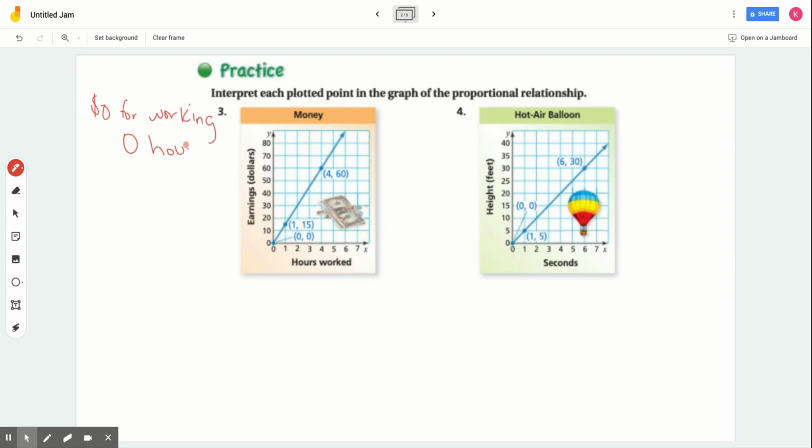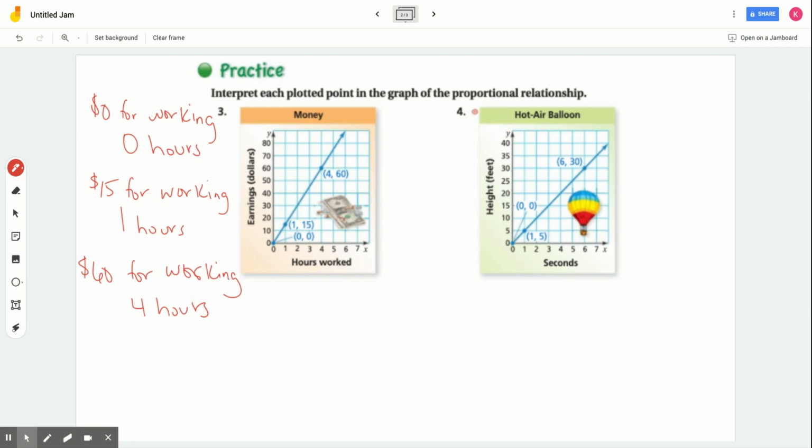The next point, 1, 15, you're going to earn $15 for working 1 hour. On the next one here, 4, 60, you're going to earn $60 for working 4 hours.